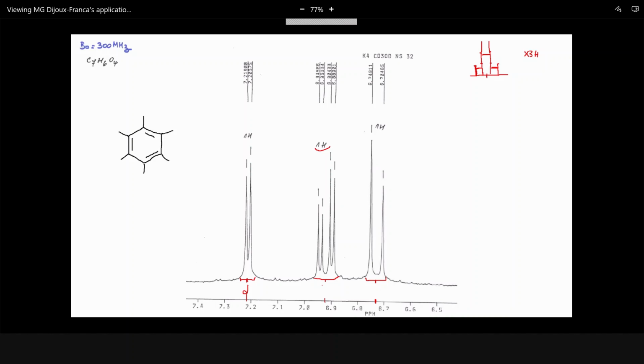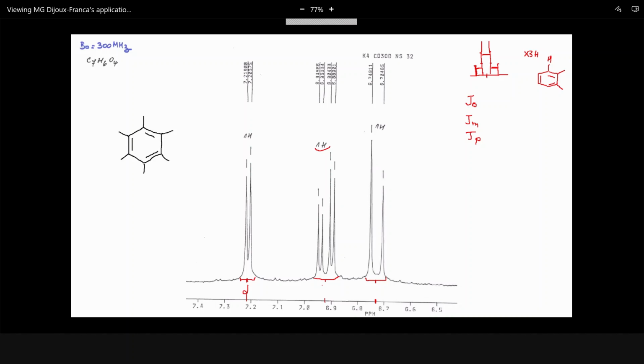Remember, at the end of the lecture last time, we talked about the value of the coupling constant in an aromatic ring. We talked about ortho coupling, meta coupling, and para coupling. On an aromatic ring, we have to consider the distance between the protons, and this distance will give us the value of the coupling constant.